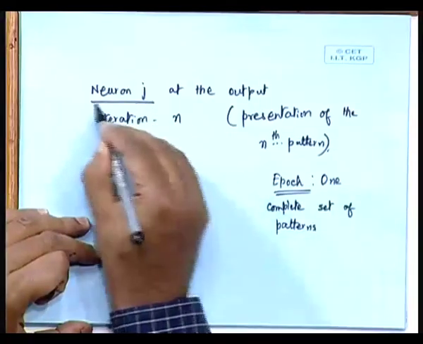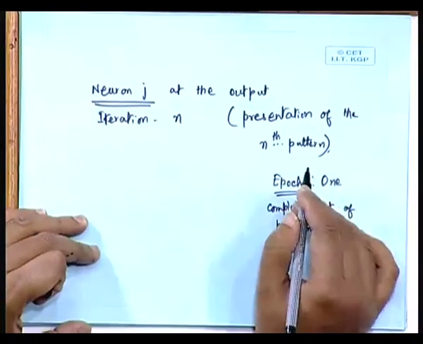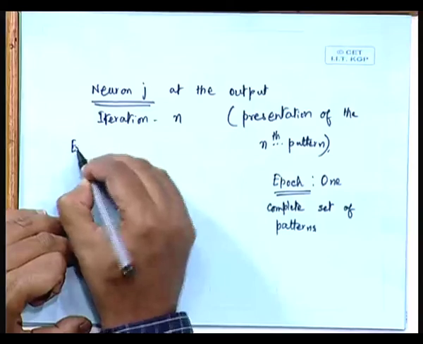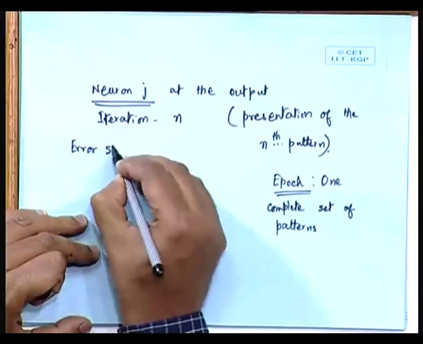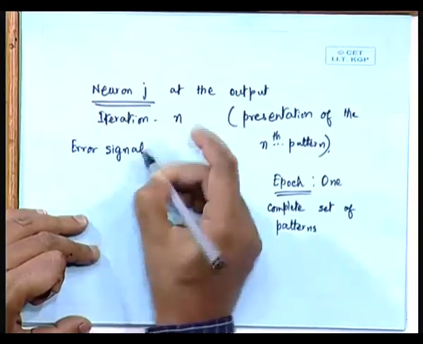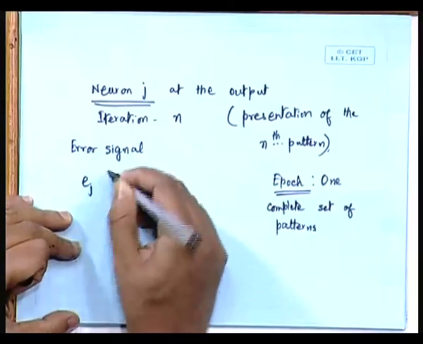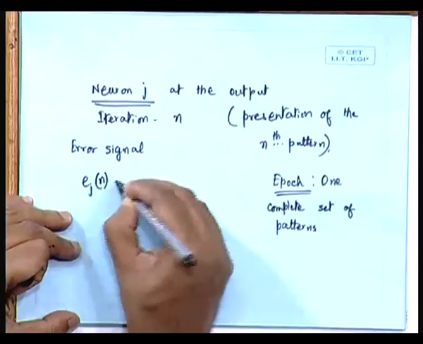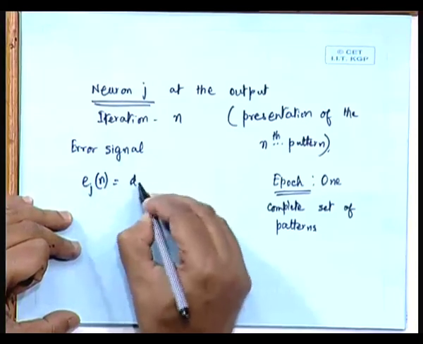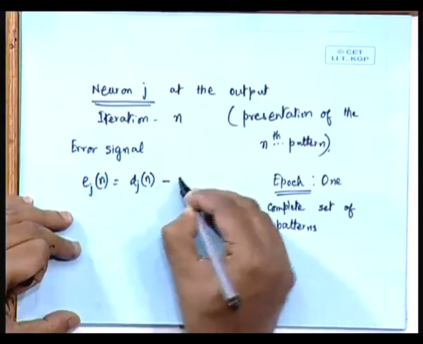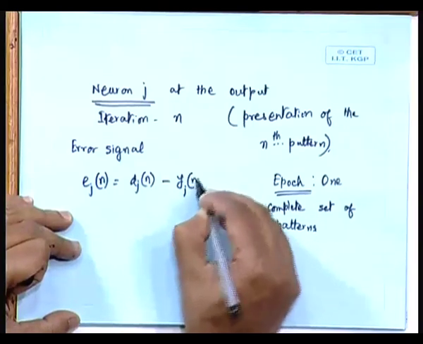So, now the error signal at the output of the neuron J could be written very simply. The error signal at the iteration n we are going to write as Ej of n, which is equal to Dj of n minus Yj of n.